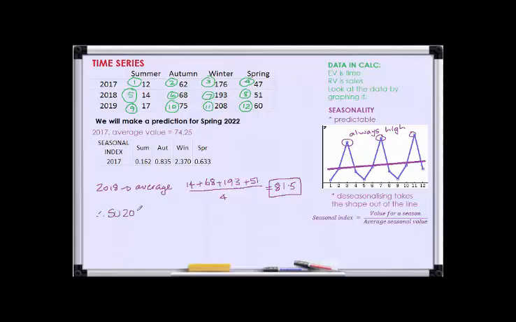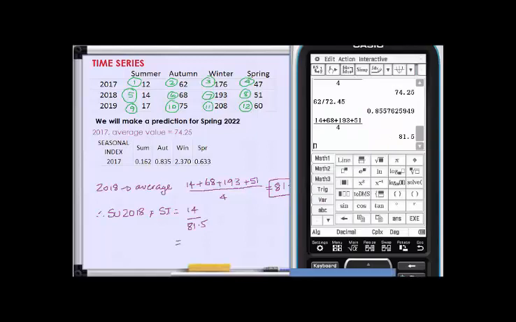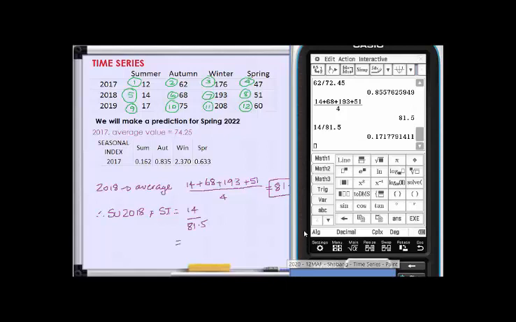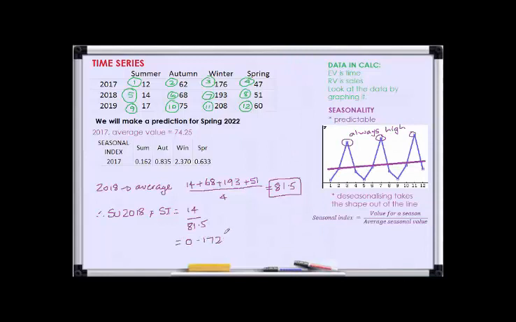So for summer 2018, the seasonal index will be 14 divided by 81.5, and then I get 0.172, and that will be my summer seasonal index.